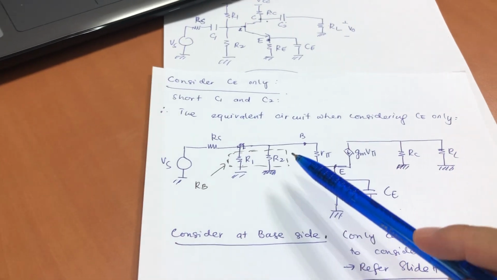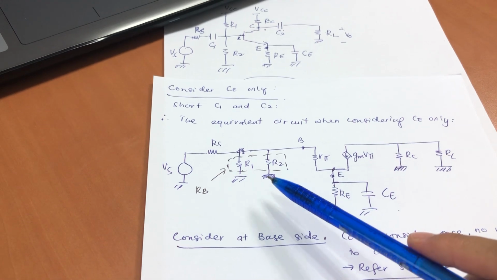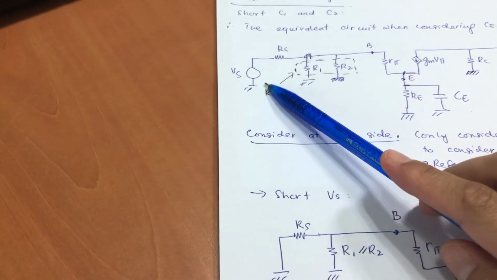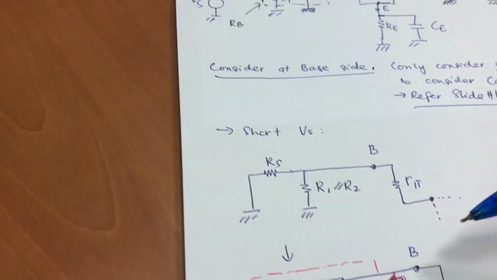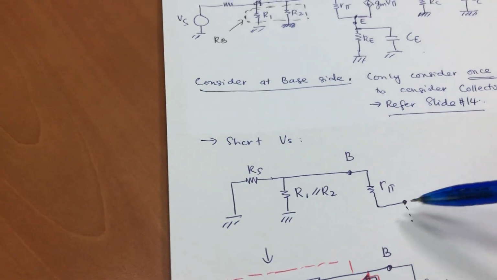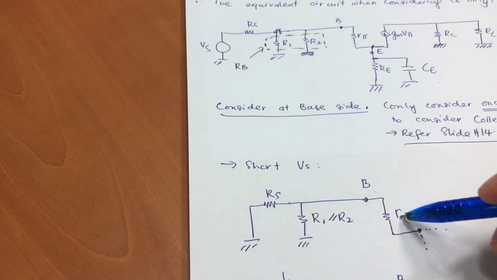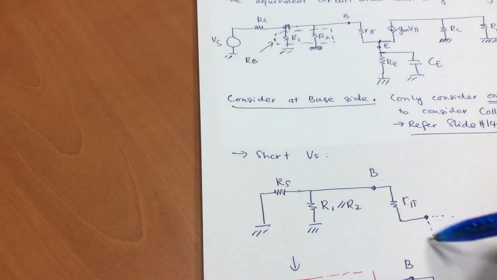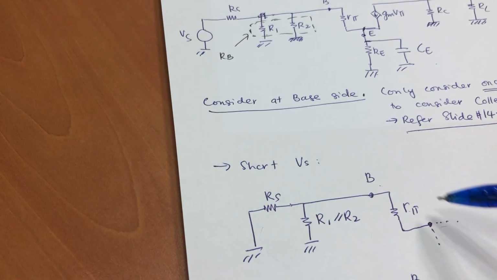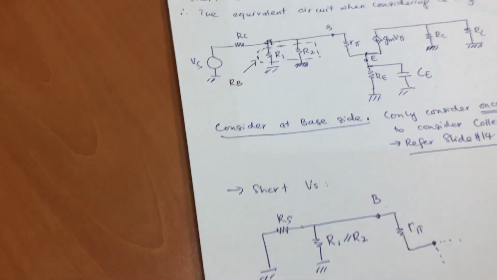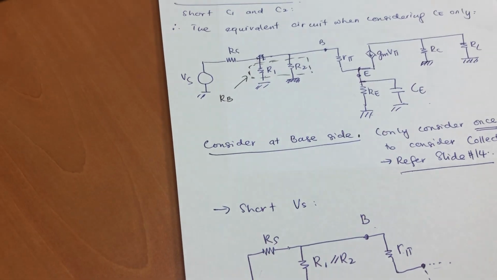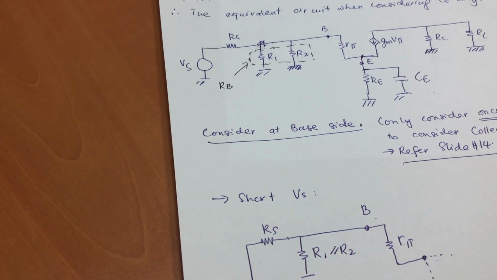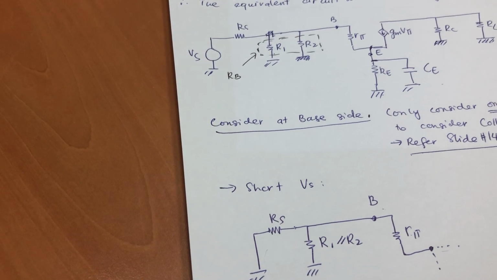Look at the circuit now. When we find the Thevenin equivalent circuit, we are going to short the VS. So when VS is shorted, I just look at the base side only. This is your base, R pi, and then I just put dots. We're just going to simplify this circuit first, because remember our target is to find the low cutoff frequency due to CE only.